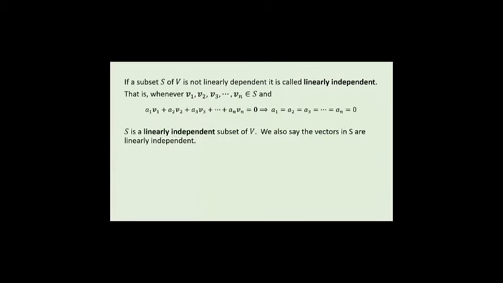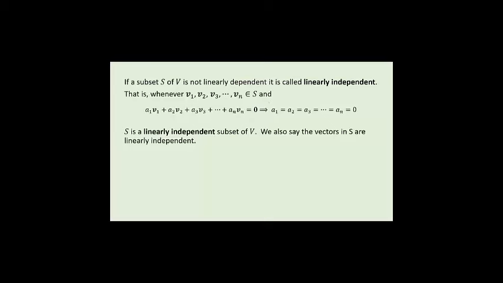If there is not a non-trivial solution, in other words, if whenever you choose a finite set of vectors in S, and you write this linear combination a1v1 plus a2v2 plus a3v3, etc., and set it equal to the zero vector, there is no non-trivial solution.